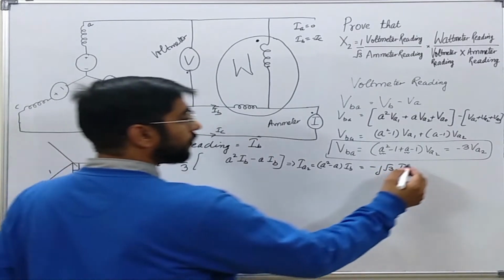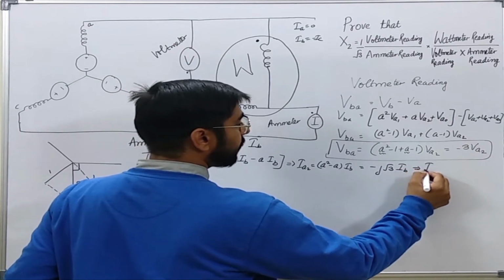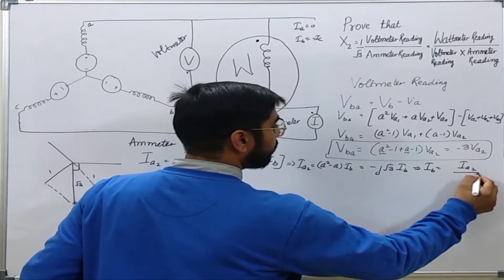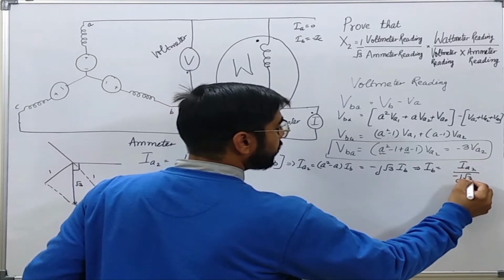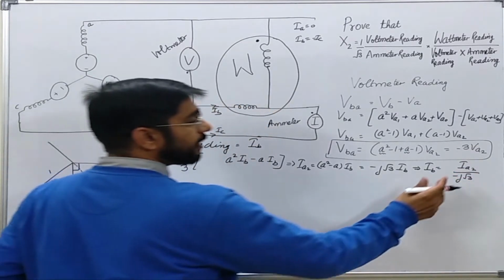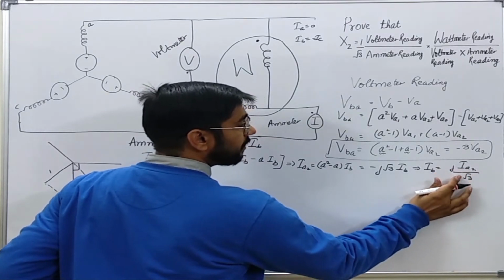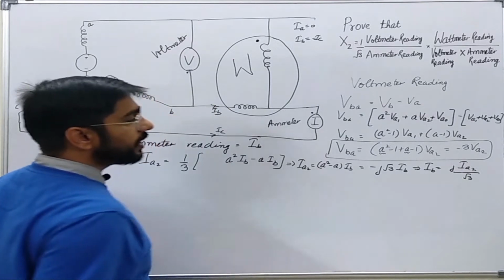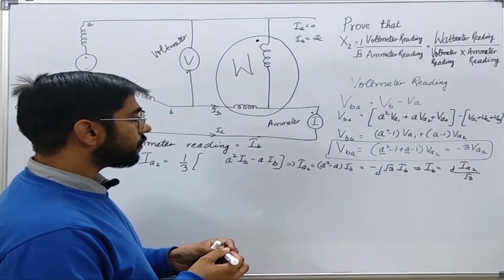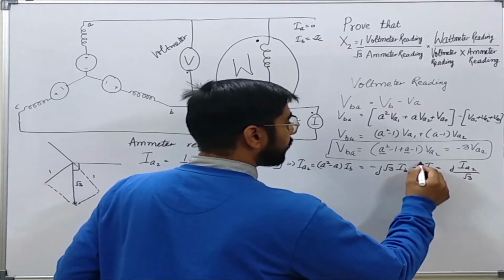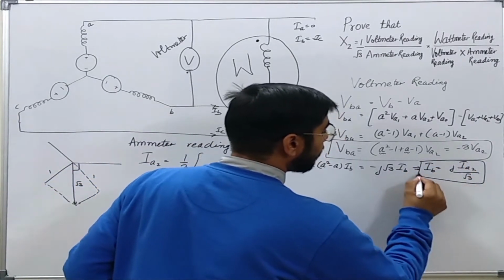So we can clearly see that IA2 is equal to minus j root 3 IB, so IB is equal to j by root 3 IA2. So this is the relation which I have got here.